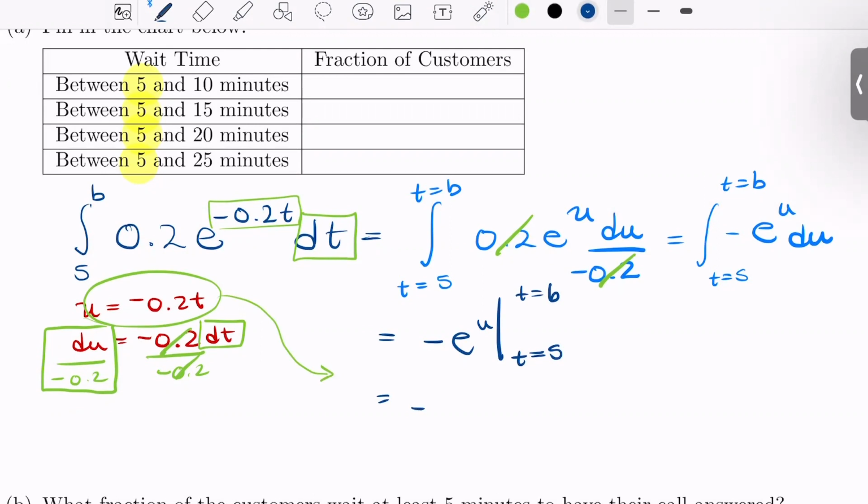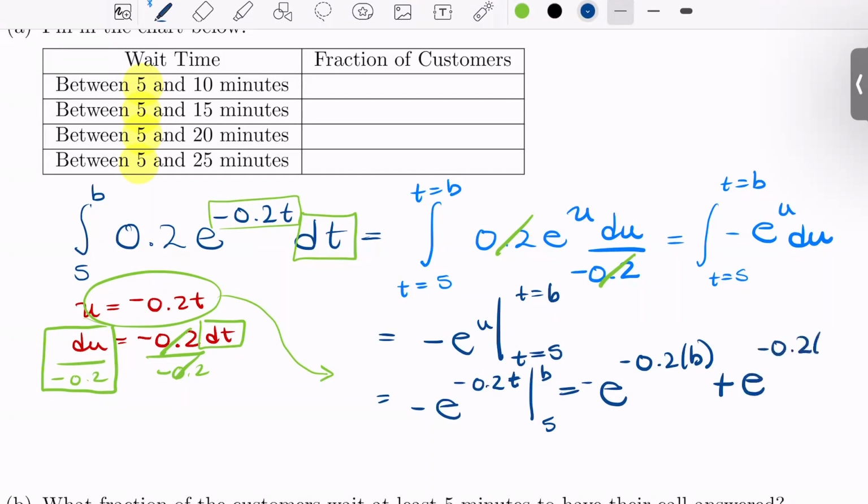That's going to be negative e to the negative 0.2t, and I can drop the t equals because I'm just using the variable that I have in my expression here. So 5 to b, which is negative e to the negative 0.2b minus negative, so that becomes a plus, e to the negative 0.2 times 5.